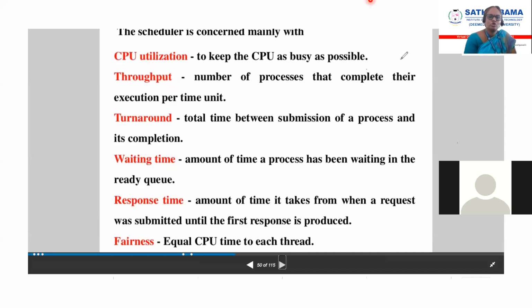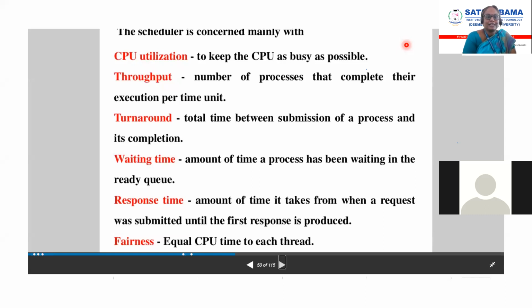So you have to understand that the scheduler is concerned with CPU utilization and fairness. That means CPU utilization and fairness come into the picture. The remaining ones, throughput, turnaround, waiting time and response time, all depend on the time period.